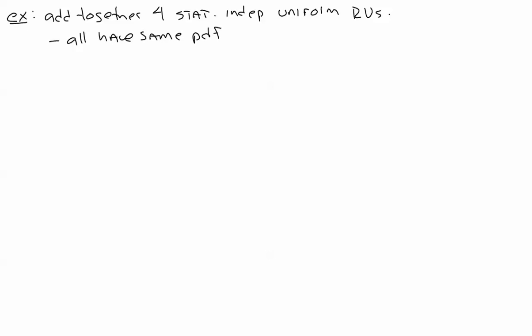It's not required. To get an approximate Gaussian, I only have to add together a number of statistically independent random variables. I'm assuming, just for simplicity's sake right now, that I've got 4 that are uniform and have identical probability density functions. All right.